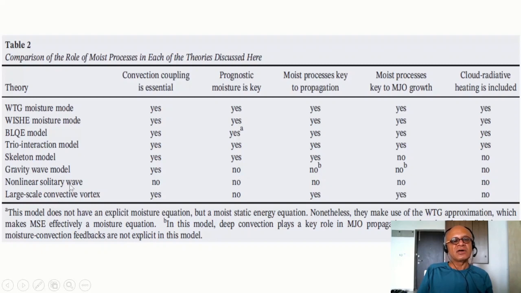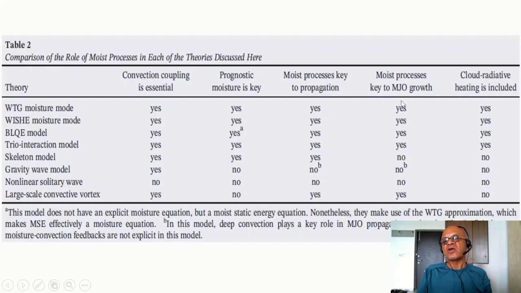But these three wave models, gravity wave, nonlinear solitary wave, and the large-scale convective vortex, do not have moisture as a key prognostic variable. Moist processes are key in propagation for all of them except for the gravity wave model and the nonlinear solitary wave model.